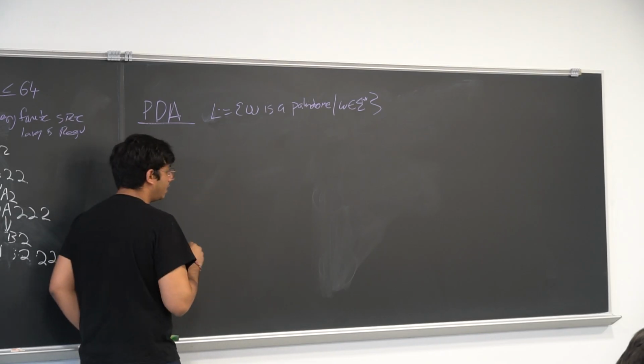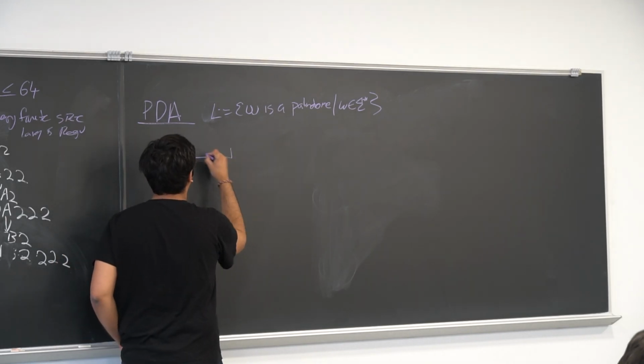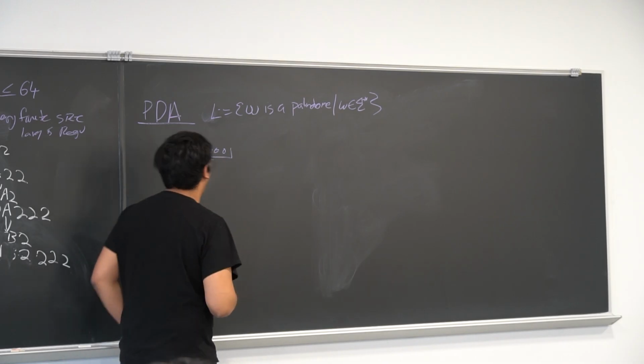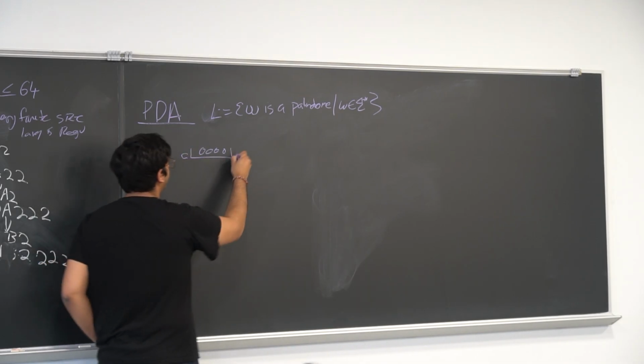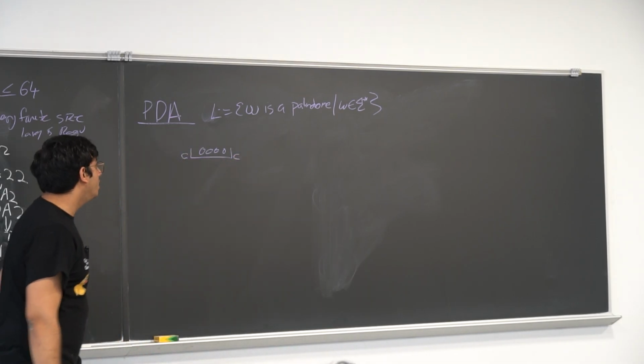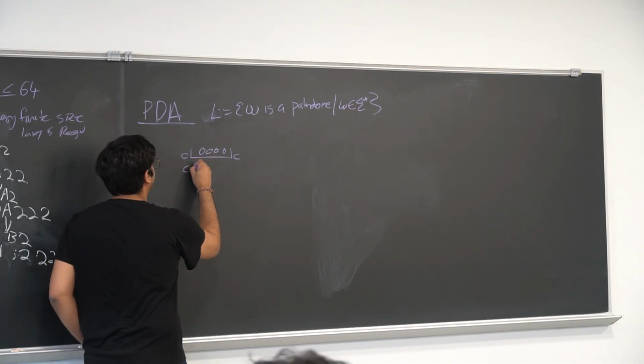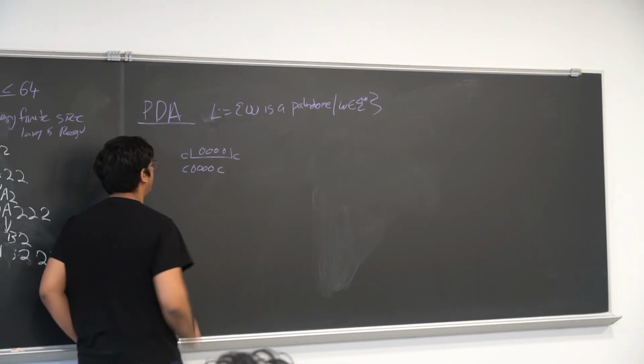So we say, okay, W is a palindrome. That means that if I have a string that's already a palindrome, I can take any character from the alphabet, put it here, any character from the alphabet, put it here, and this final string is still a palindrome. So this would be C, the palindrome, C, still a palindrome.